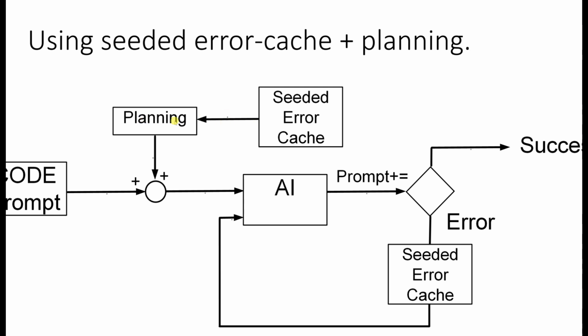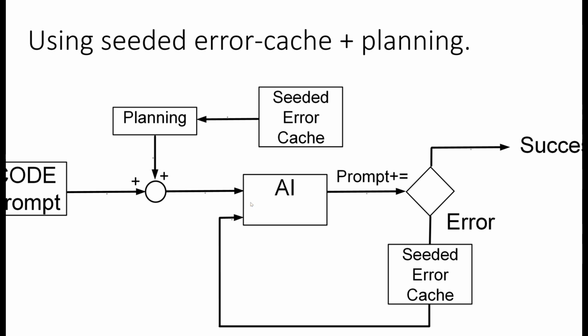And so whichever libraries you're going to use, you have a look in this seeded error thing and say, oh okay, so these are the kind of things I would expect, and these are the kind of errors I might expect if I was going to use these libraries, because I already put them in there. So that information is fed into the AI, and for success, fine. If it still makes an error, then it goes into the seeded error cache and so on.